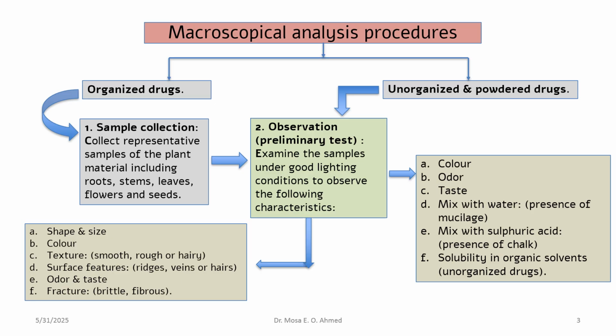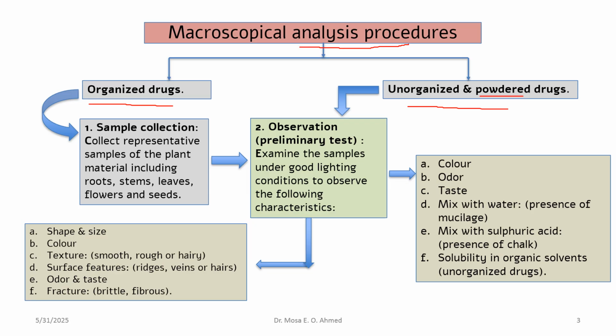So, macroscopical analysis procedure for medicinal plant material can be divided into two subclasses. Method for analysis of organized drugs, such as drug from roots, drug from seeds, drug from flower, and so on. And the other part for unorganized drugs, such as gum and residues, besides the powdered drugs.